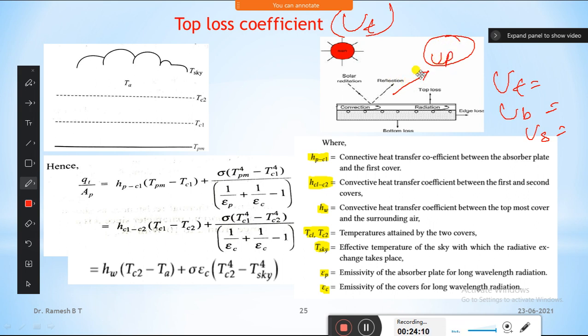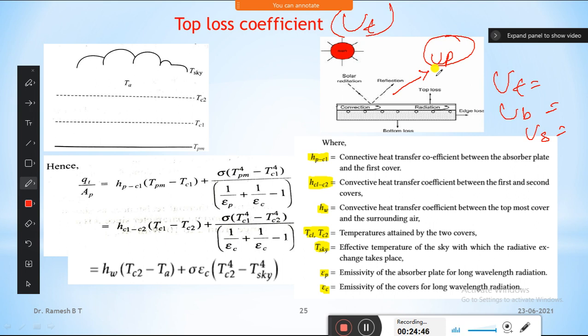So this reflection is wastage, and once it is refracted, passing through, again there is an interface, again there is a reflection. Some portion will again reflect back and move to the space. These are all common convection as well as re-radiation losses from the absorber plate in the upward direction. Any upward radiation is simply a loss at the top cover, which we consider as the top loss coefficient.